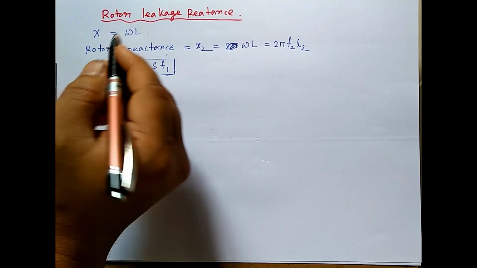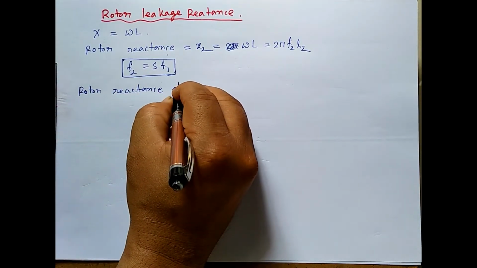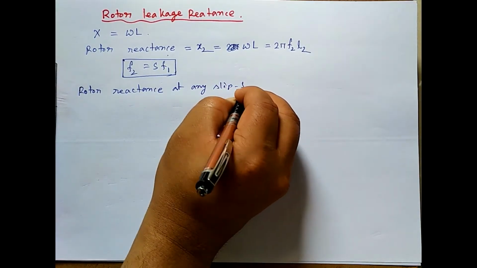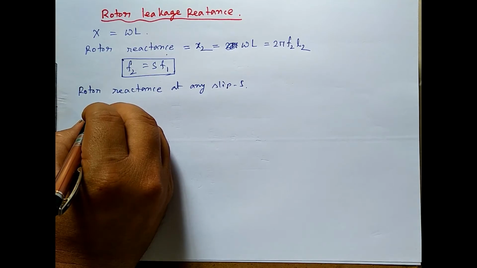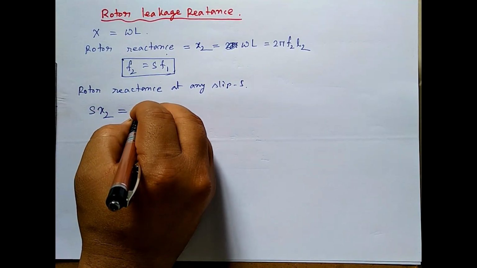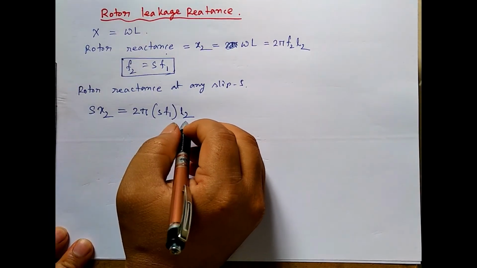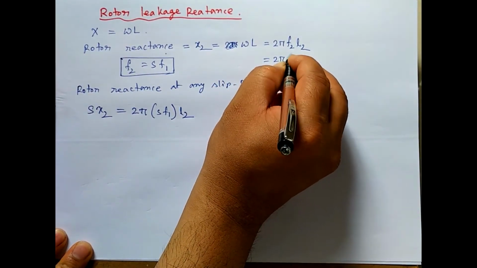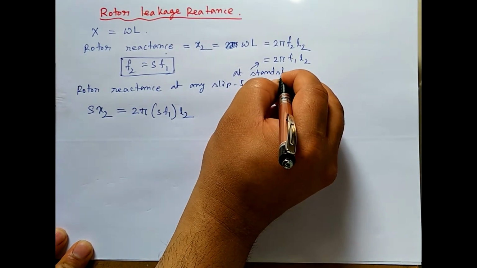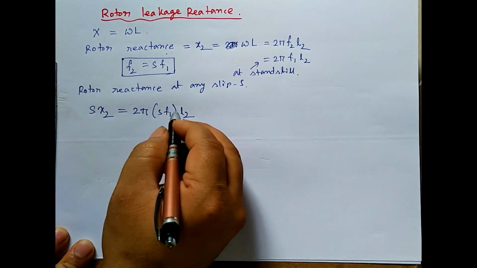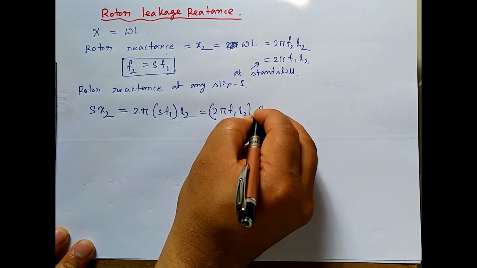So what will be the reactance at any slip s? The rotor reactance at any slip s, X2, will be 2 pi sF1 L2, or we can write 2 pi F1 L2, which is at standstill, into s.